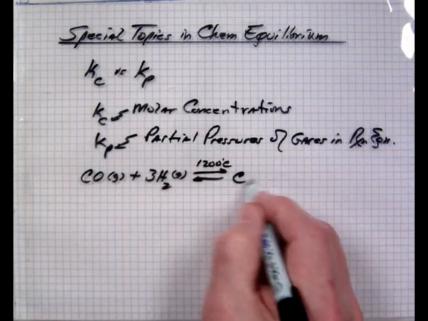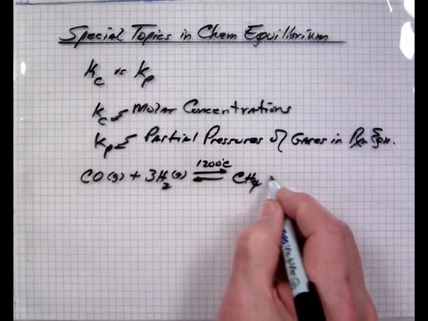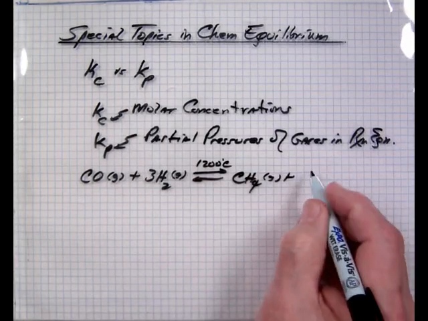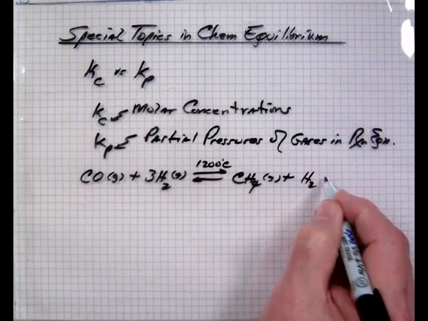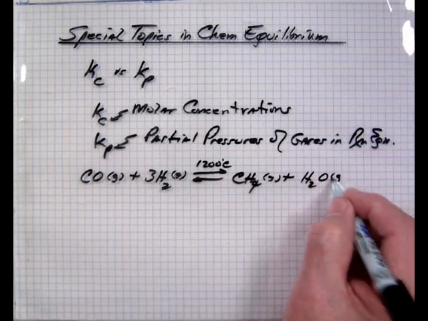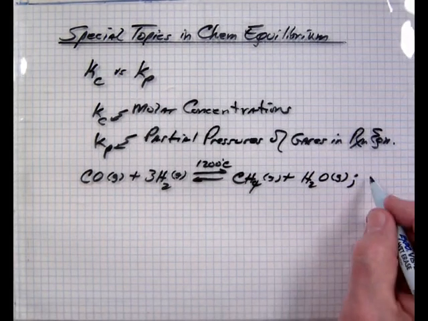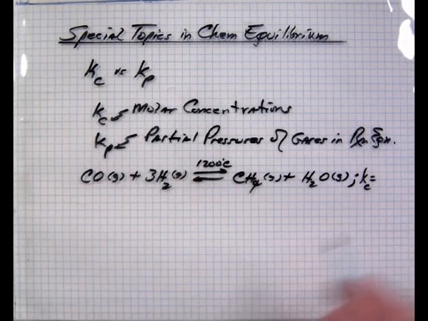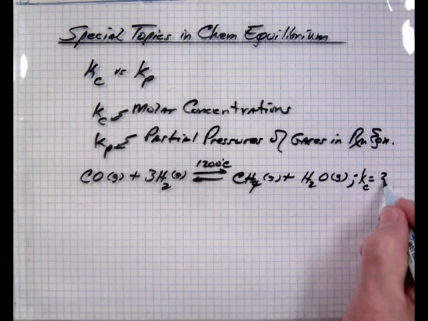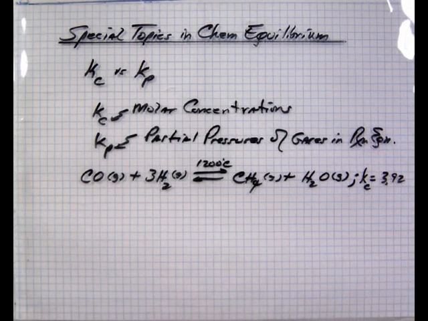Methane is generated in gas form, and H2O is also generated in gas form. The notes give me a Kc value of 3.92 right here.